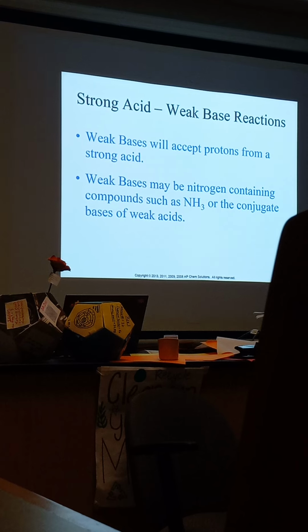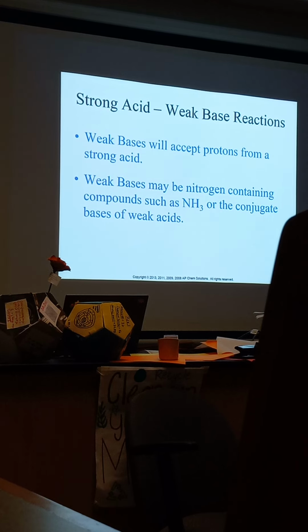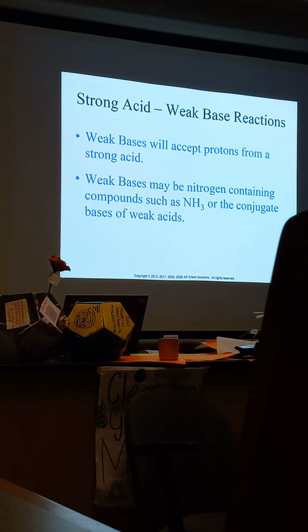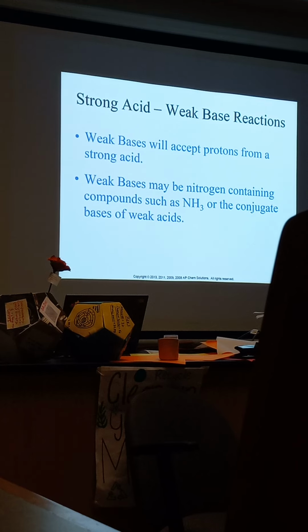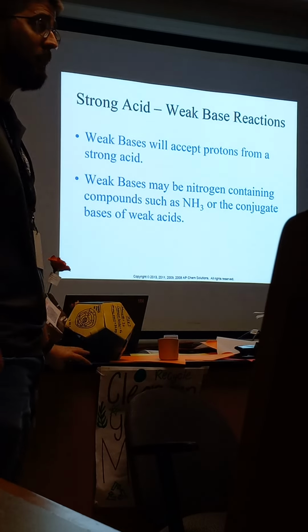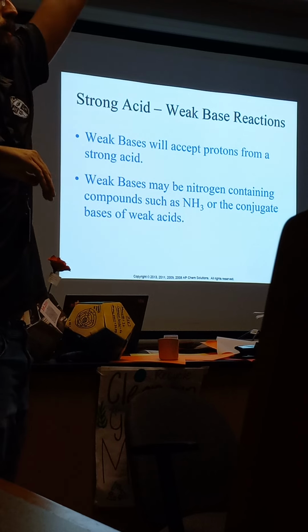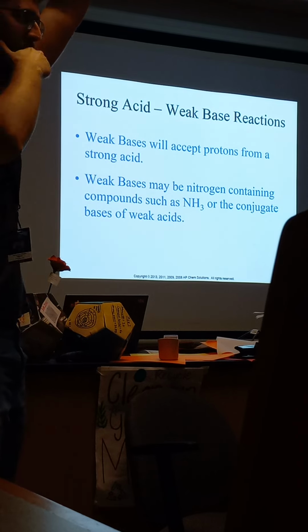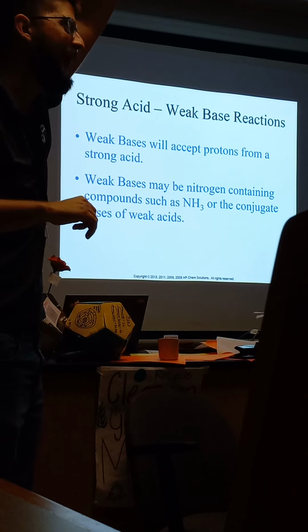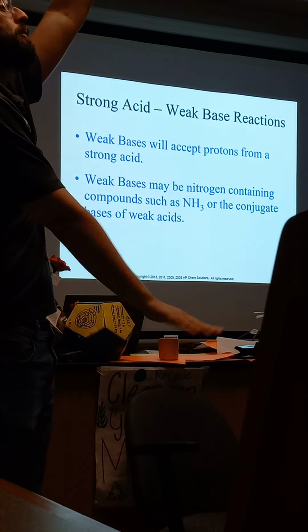Aren't the conjugate bases of weak acids supposed to be strong bases? No, remember, it's like a slider scale. So when we introduced that, we were saying that really strong acids have really weak bases.